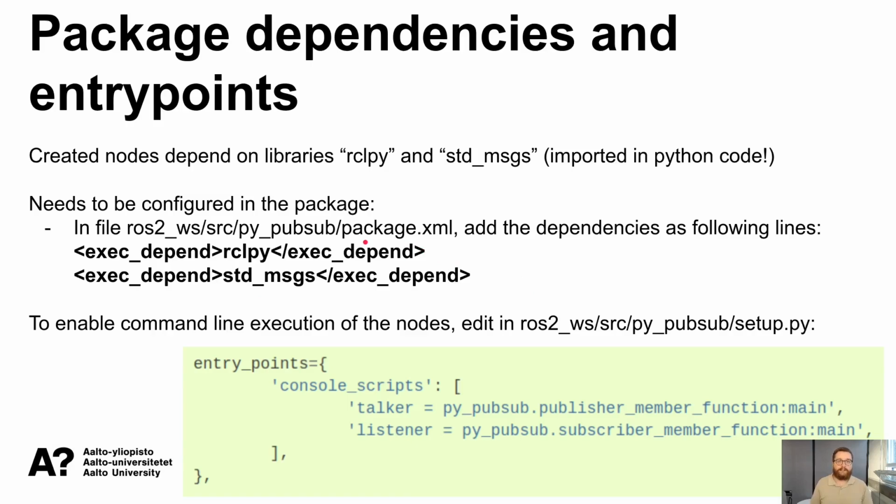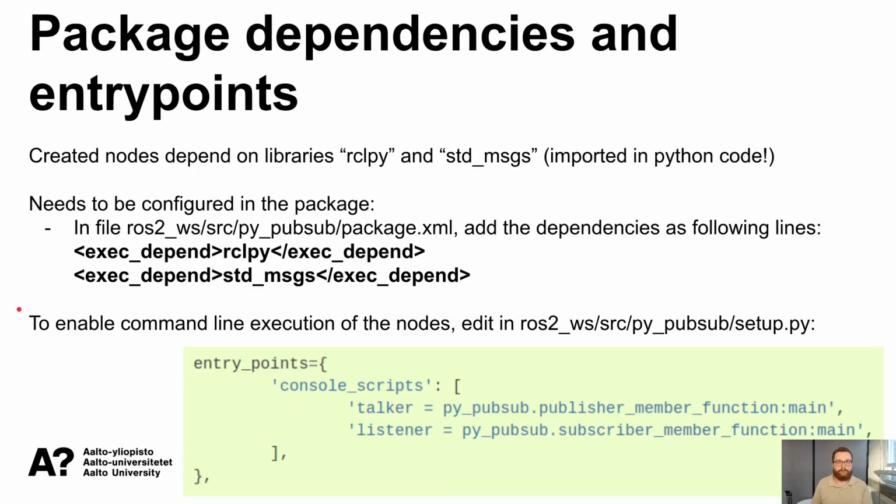This is something that you always need to do when you're creating packages, creating nodes in them that depend on different ROS functionalities or libraries. You need to insert the dependencies that your node depends on. But okay, that was the first thing, the dependencies.